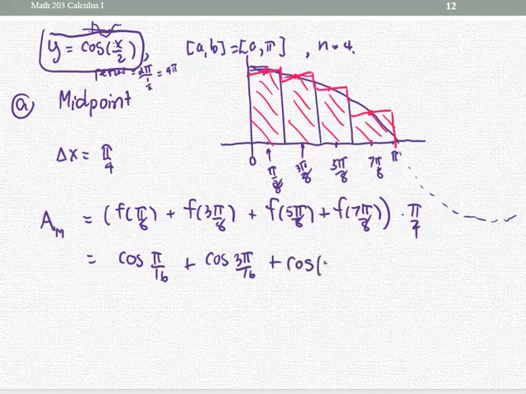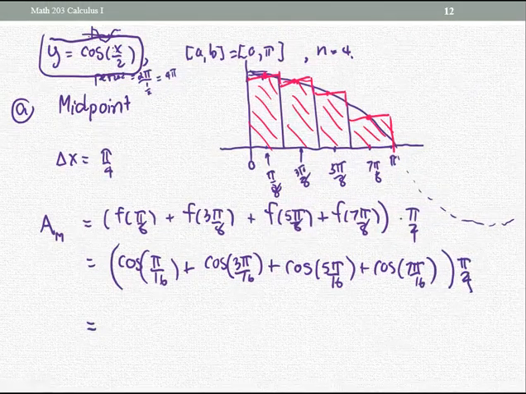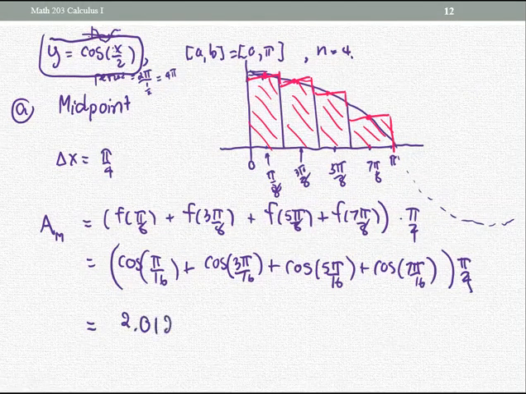So the cosine of 5 pi over 16, plus the cosine of 7 pi over 16, and multiply by pi over 4 after that. So we get the approximation 2.0129009. If we keep 6 decimal places, it's going to be up until 09.